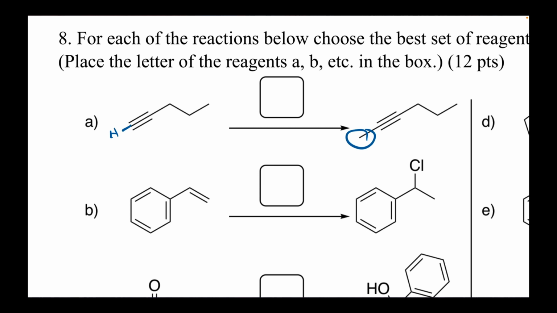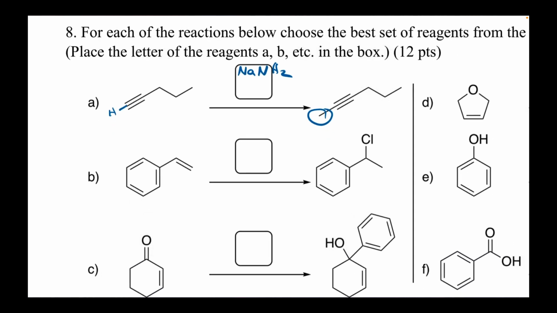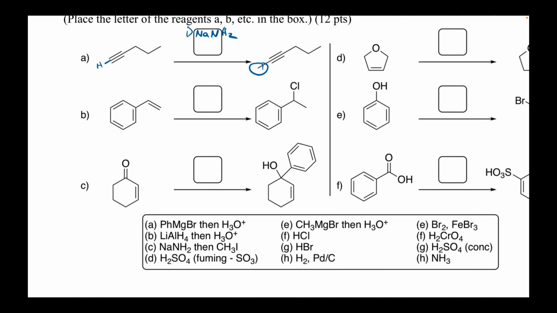And we use a base, NaH, or sorry, I think we use sodium amide, right? NaNH2. NaNH2 takes the proton off the end, and then we can add a methyl halide. It would be C. NaNH2 followed by iodomethane. That'll extend that carbon chain.